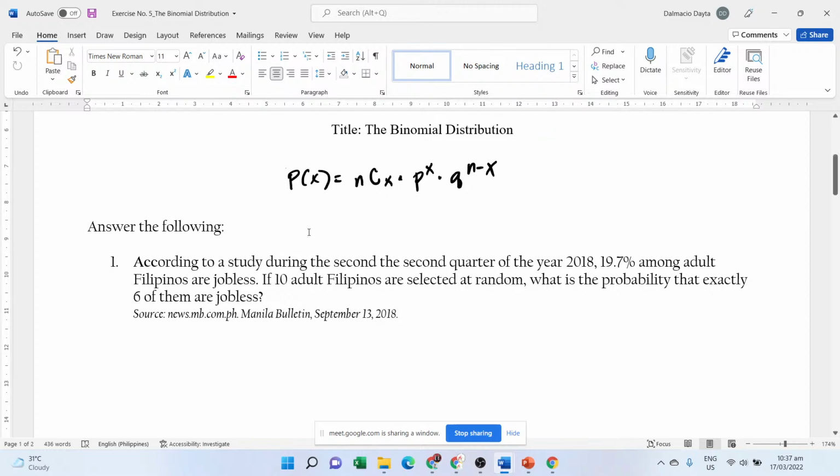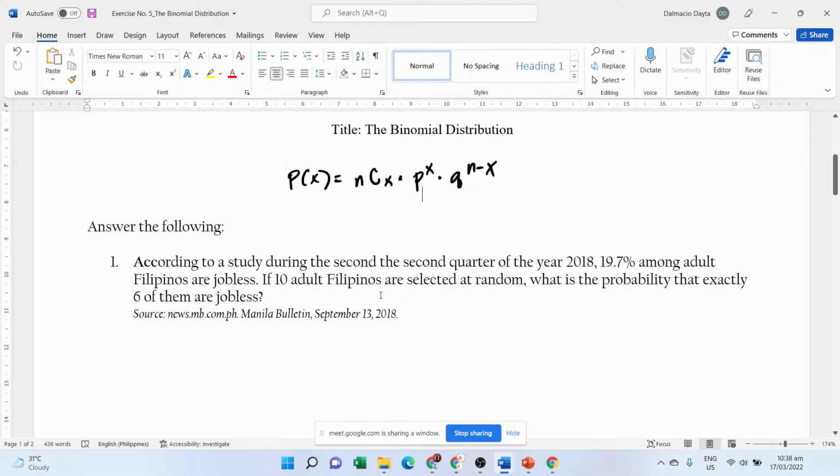Okay? So in this formula, n is the number of samples. x is the number of successes. p is the probability of success, and q is the probability of failure.